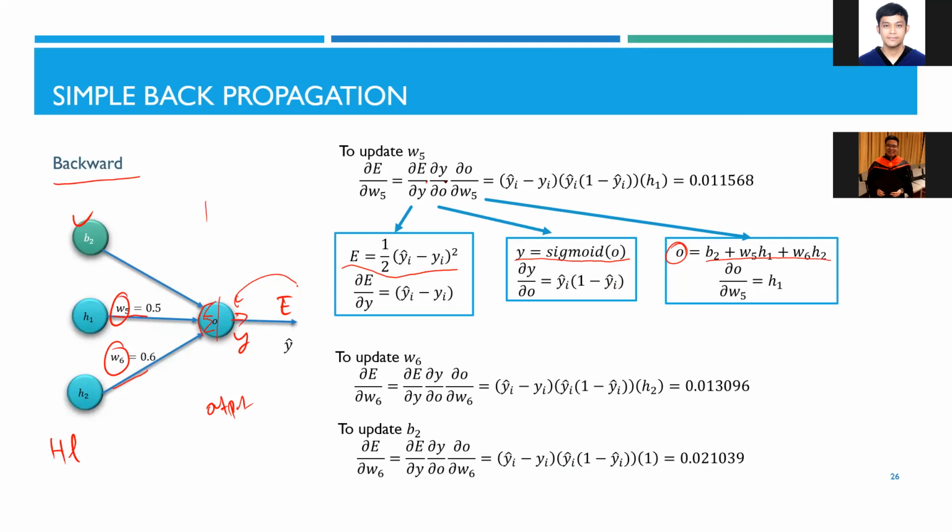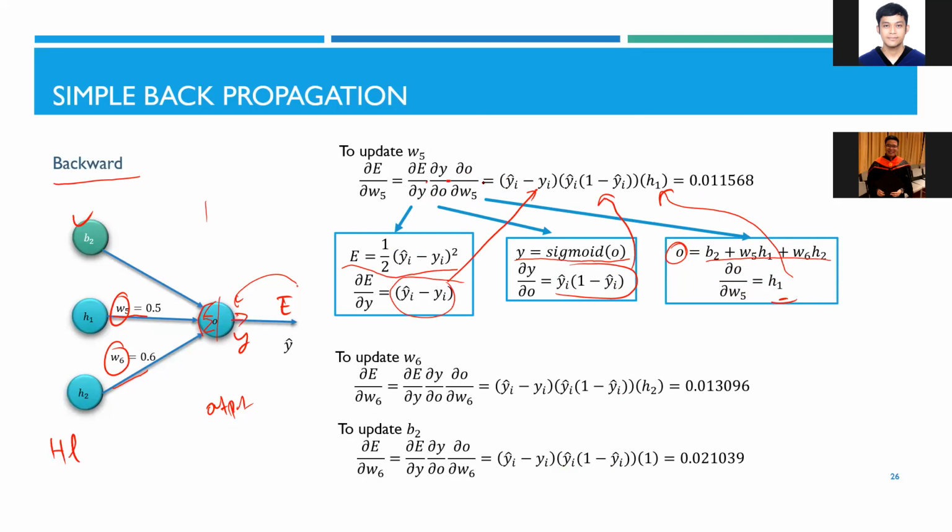Okay. And then O itself is a function of W. So here, from this equation, the derivative of O over W5 is only H1. So we use this value like this. Here times this one times this one.